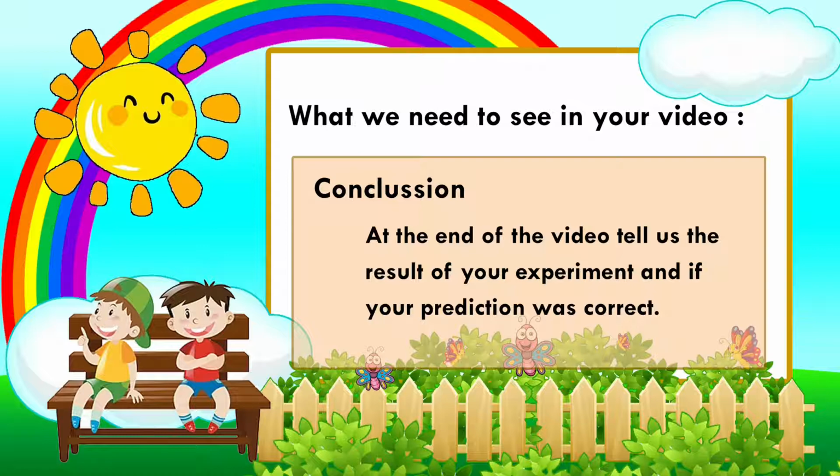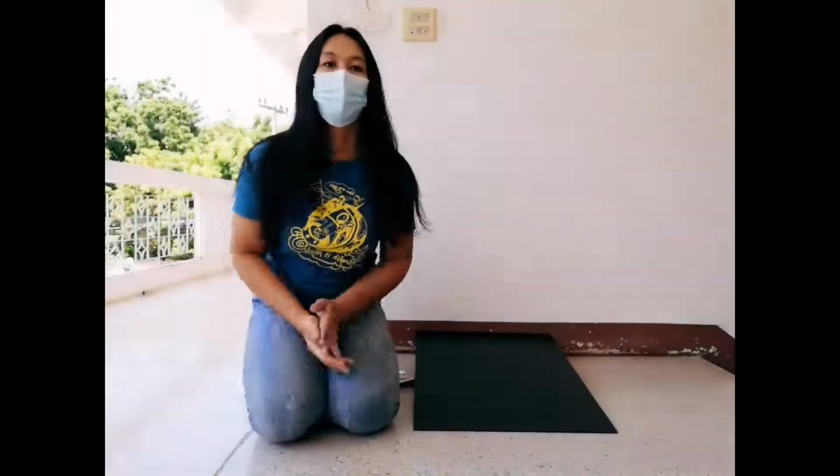And then do the experiment, and at the end give us your conclusion, as per your experiment, what surface has greater friction and lesser friction. So thank you very much, and let's go on with our video.